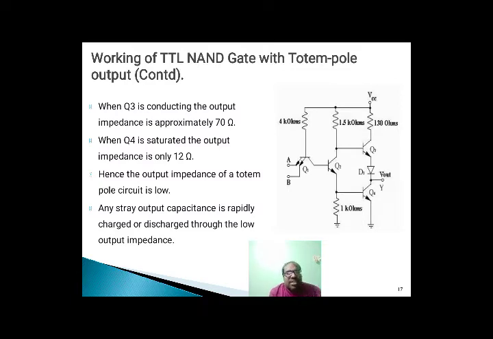When Q4 is in saturated condition, the output impedance is only 12 ohms. Hence the output impedance of a totem pole circuit is low. Any stray output capacitance is rapidly charged or discharged through the low output impedance.